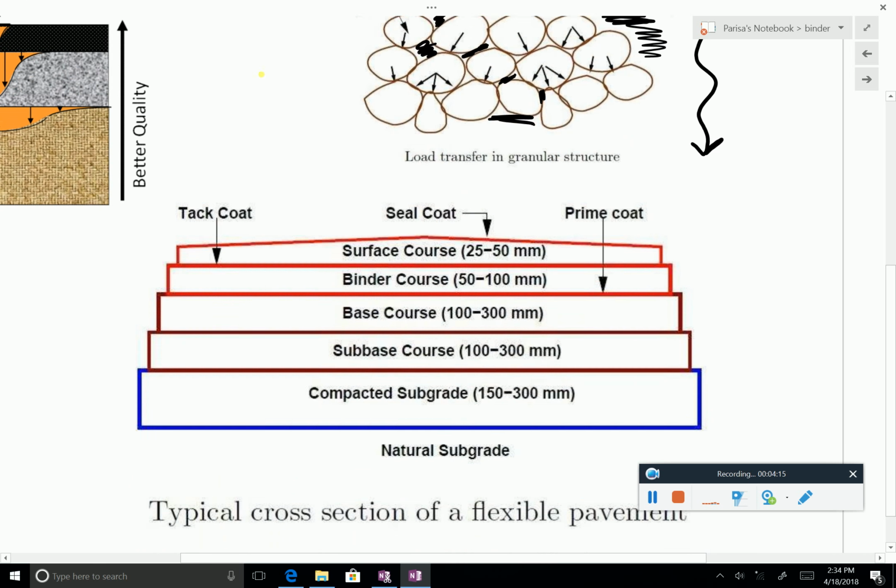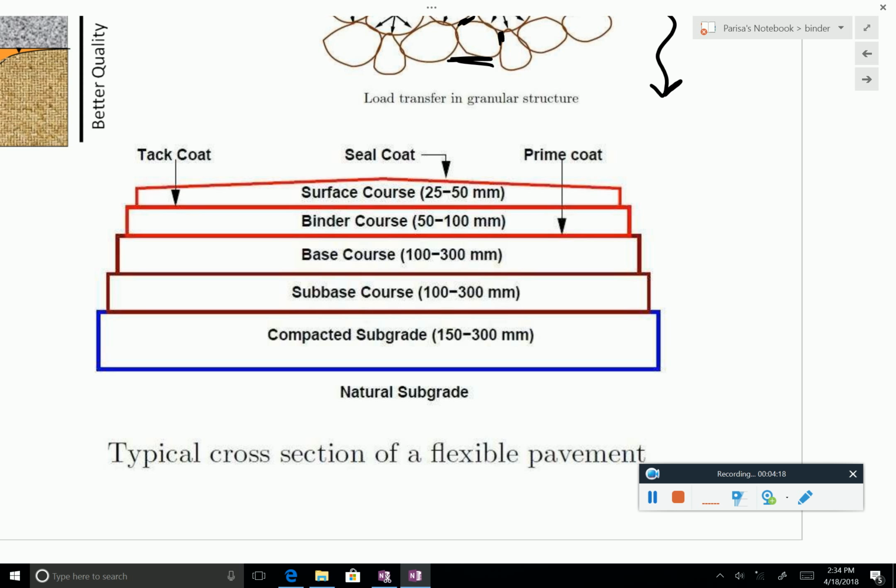Here we are looking at the asphalt pavement section again with a little bit more detail. You see that, for example, the asphalt concrete layer may have 2 sub-layers itself, surface and binder course. What I want you to pay attention to is what is in between them.